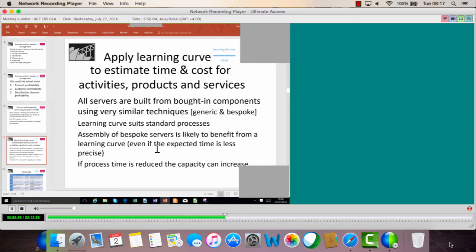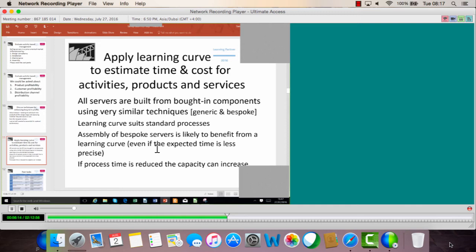And you could imagine that with the standard processes, but I don't think that you could apply a precise learning curve rate to the bespoke servers. I think it would have to be a more vague recognition that somebody becomes more proficient the more experience that they've had.